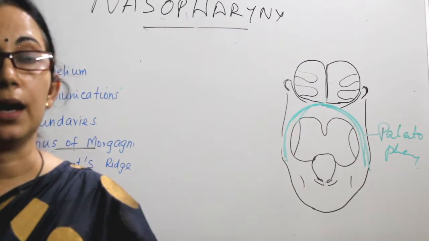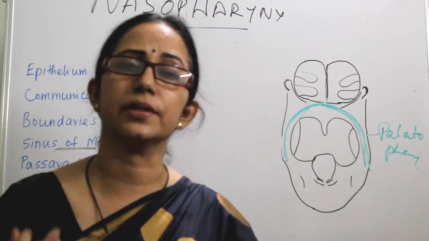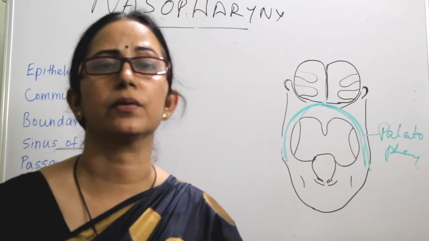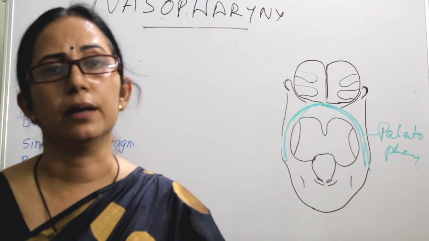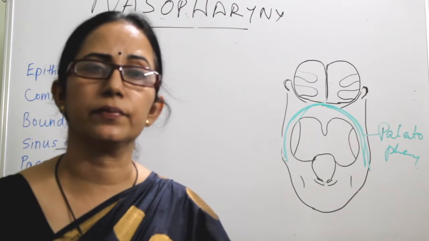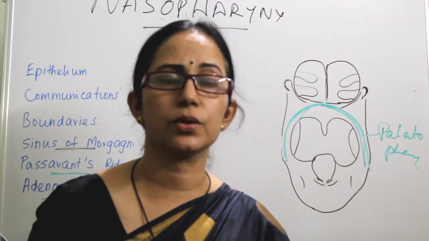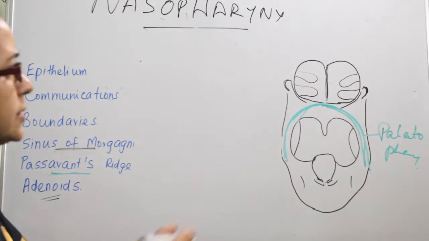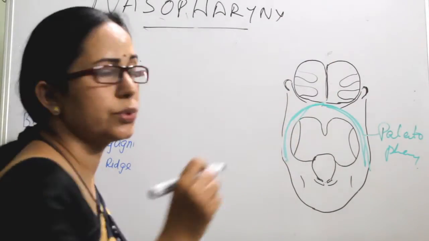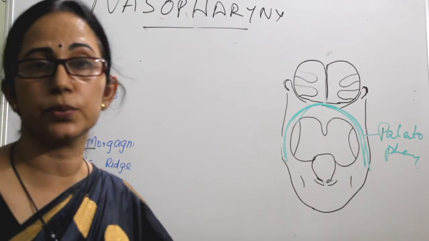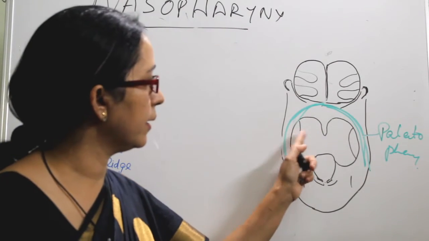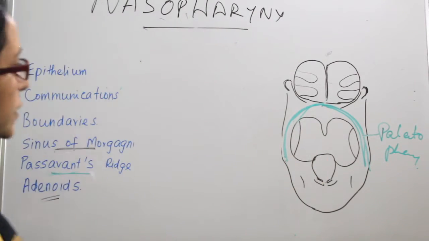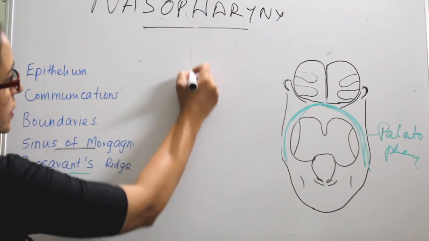If there is allergy or any other cause of hypertrophy of the adenoid, it will lead to so many discomforts like adenoid facies, or recurrent secretory otitis media and the like. It is situated almost here. And the usual question asked is the difference between an adenoid and the palatine tonsil. So how can you make the differentiation?